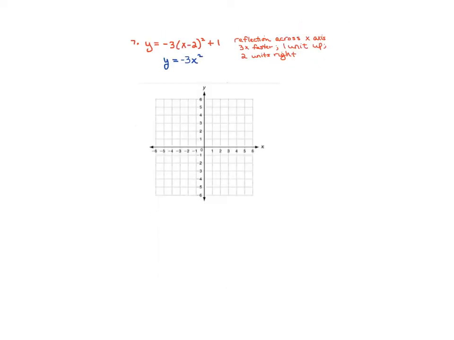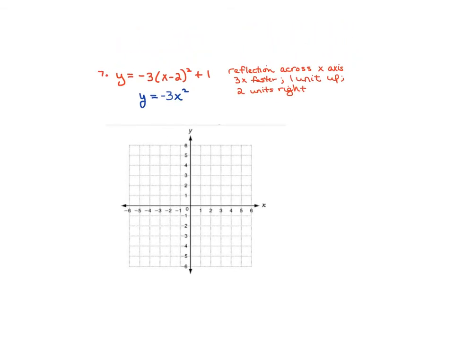The next one, I'm going to compare this one to -3x squared. So I'll graph that first, and then after I graph that, I am going to shift it 2 units to the right and 1 unit up.